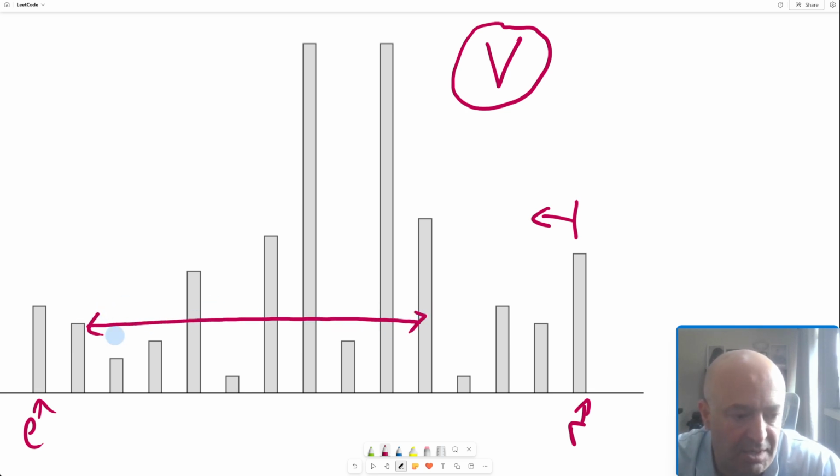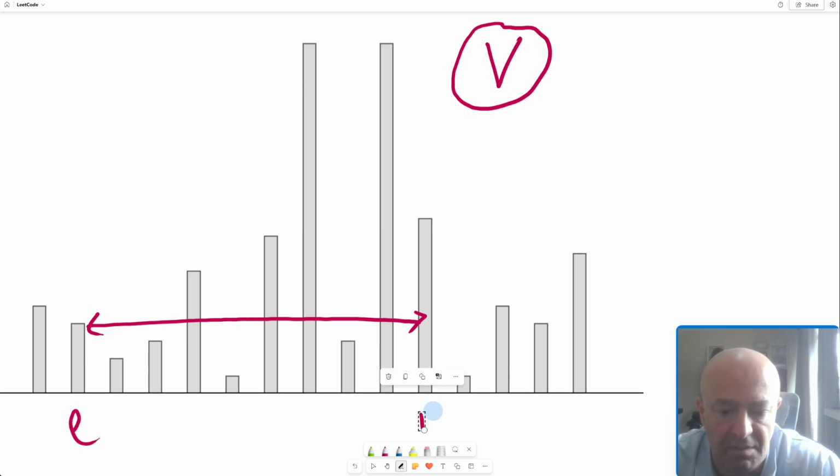So our left and right are pointing to this. This is left and this is right. So we're in the middle of our algorithm somewhere.